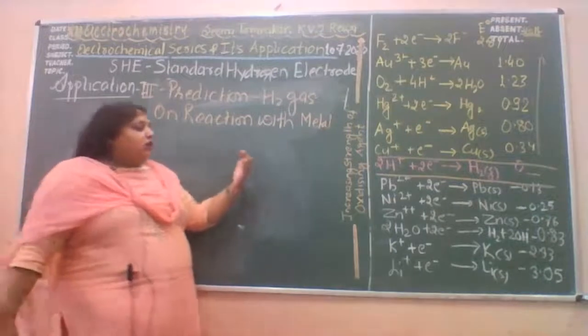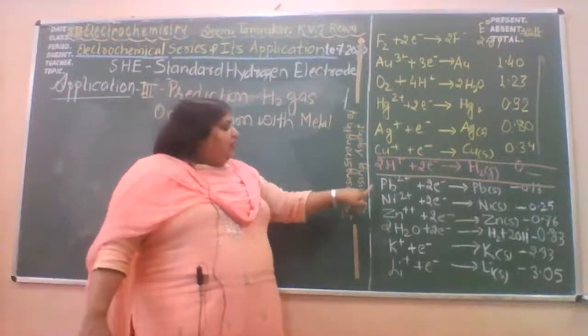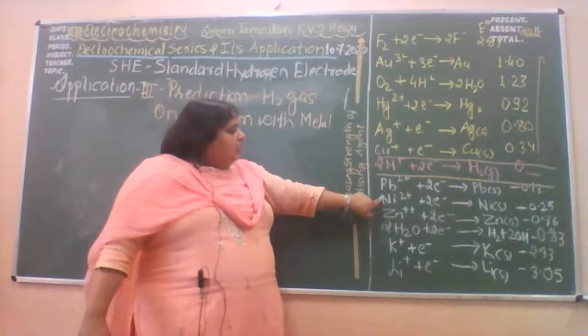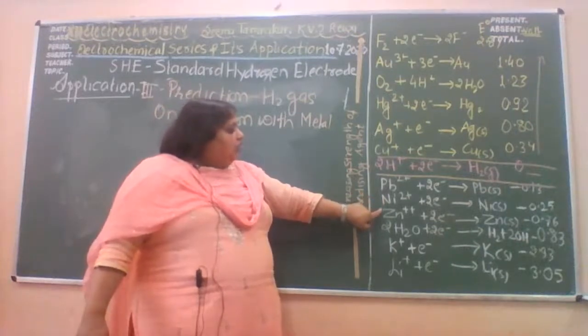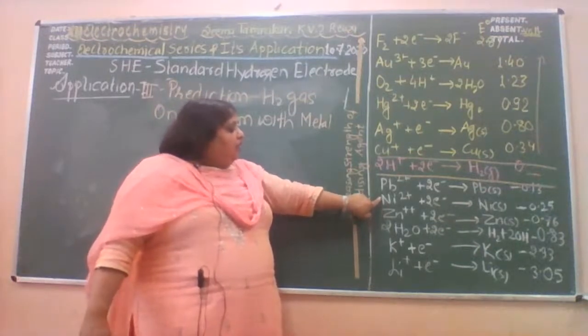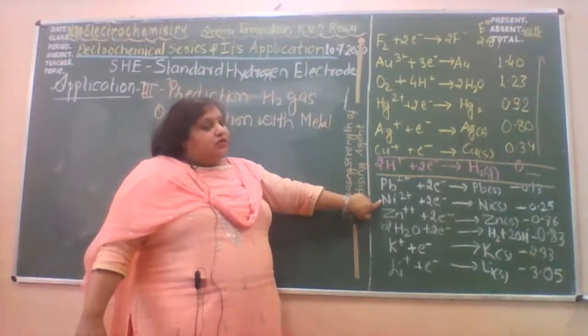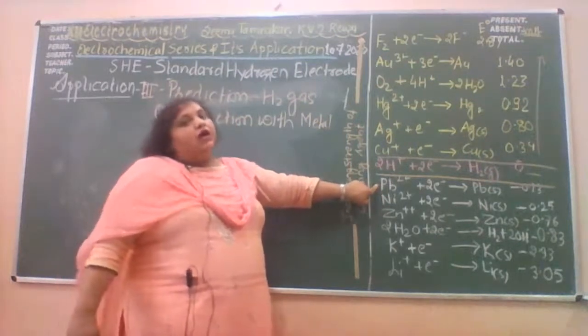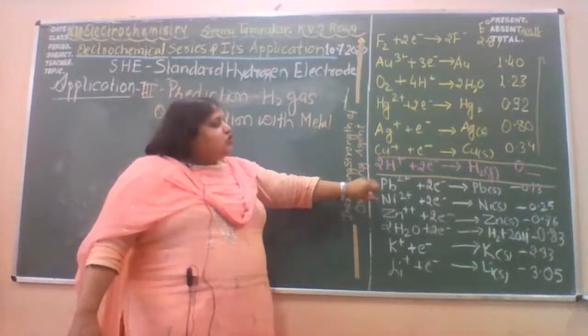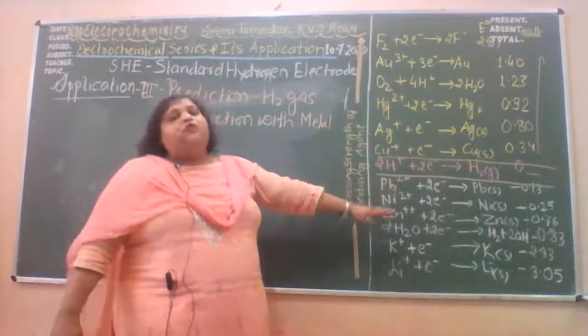And it's not mandatory every time. If I compare zinc and nickel, nickel will be the cathode and zinc will be anode. But if I compare nickel with lead, here the condition will change. This will behave as the anode and this will behave as the cathode. Clear? So it depends upon the relative position.